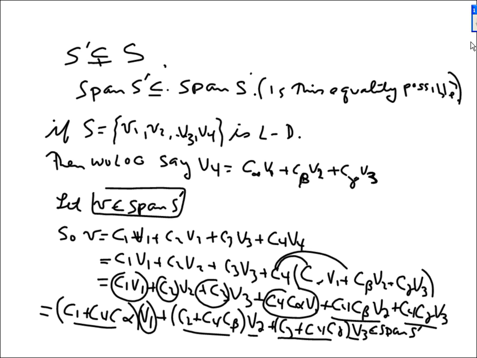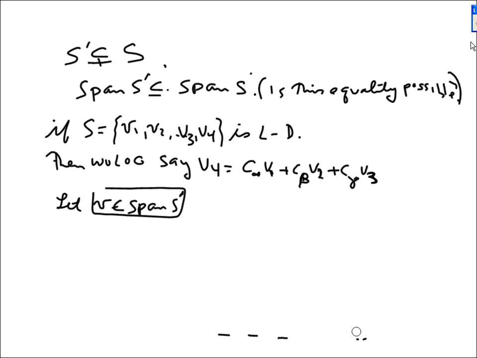So I don't forget, let V be in the span of S prime. We're just going to go the other way. Nothing is going to be really different here. A moment ago, we took away a vector. Now we're going to add a vector. We took away vector V4.